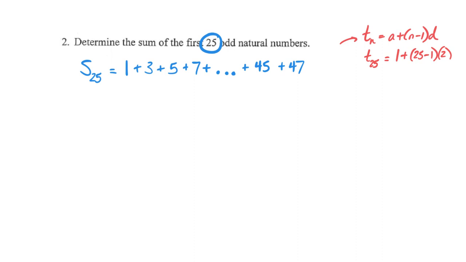Okay, I do a quick calculation. 25 minus 1 is 24. 24 times 2 is 48. 48 plus 1, 49. And so I know if I go back to that series, that 49 is my last number. There we go. Okay, that's what the question is asking me to do. It's asking me, find the sum of all of that blue.